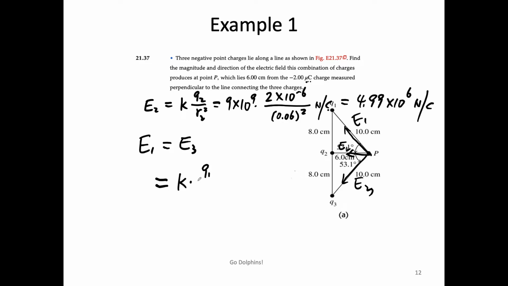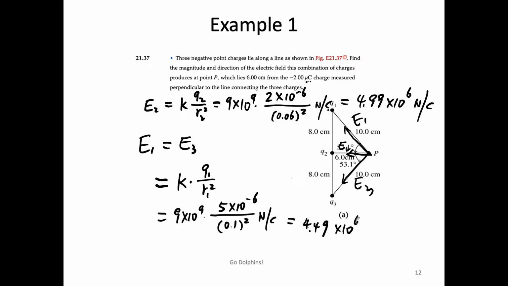We put Q1 here, R1 here, plugging in all the numbers. The distance is 10 centimeters, which is 0.1 meter. So now we have found the magnitudes of E1, E3, and E2. Now we need to add E1, E2, E3 together as vectors.